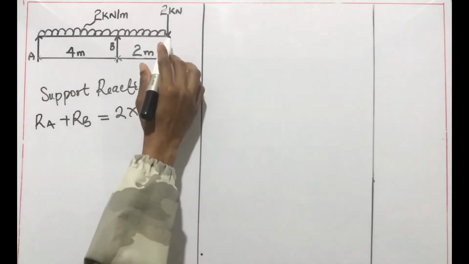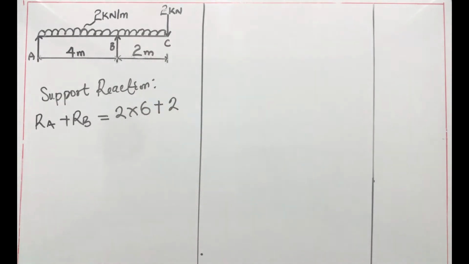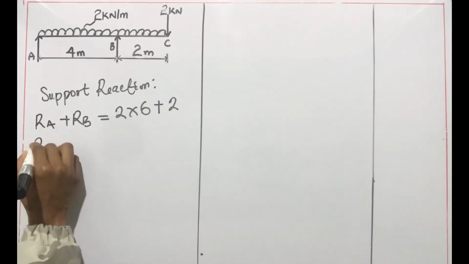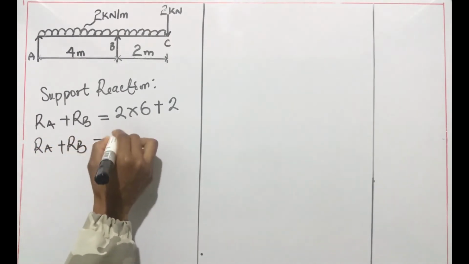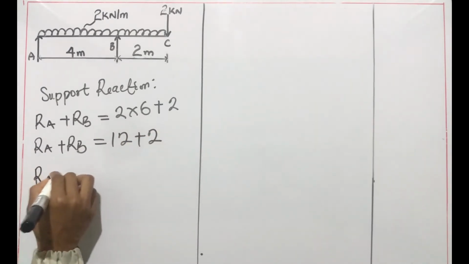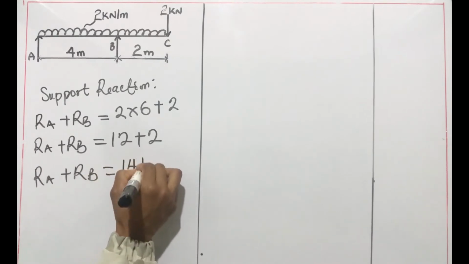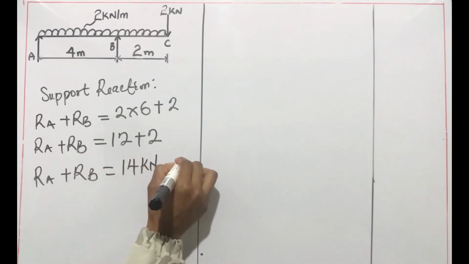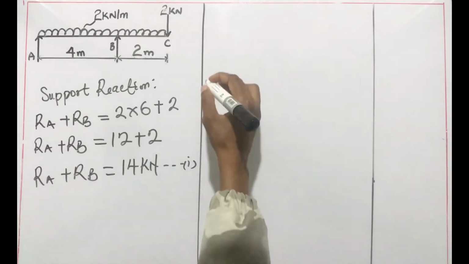We have to first convert the UDL to a point load, which is using the force to multiply the distance 6. Resolving this, we have our equation 1 as RA plus RB is equal to 14 kilonewton.